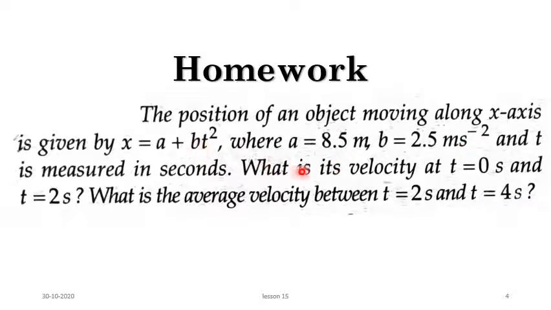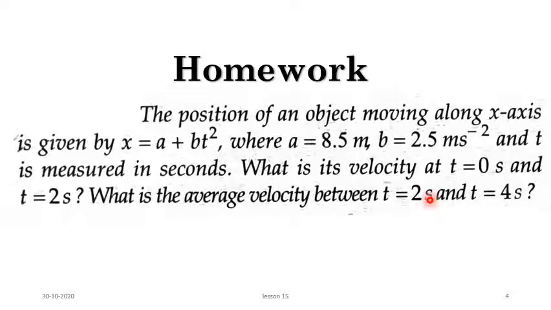Now what you have to do is find out the velocity. So first you will find out the velocity using this relation. After you find the velocity, you will substitute time t equals 0 seconds and t equals 2 seconds. After you have found this, you will go to the second part of the question. What is the average velocity between t equals 2 seconds and t equals 4 seconds?